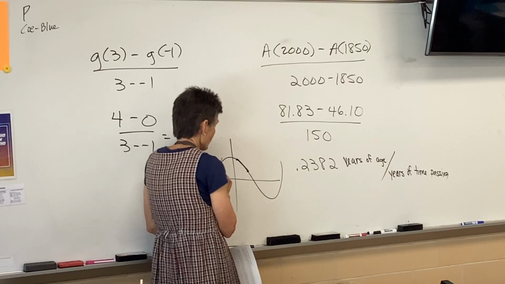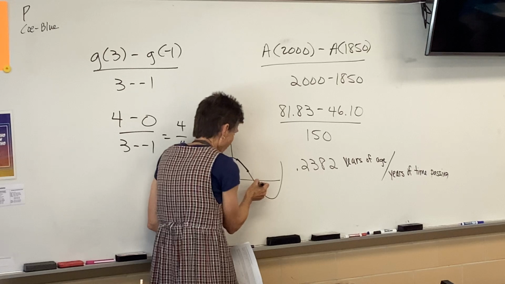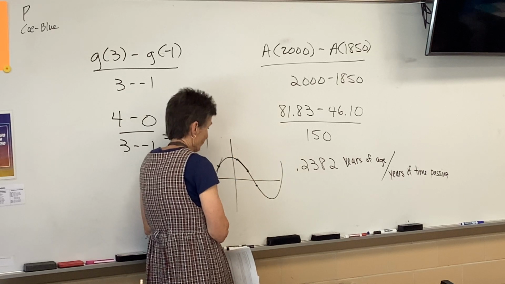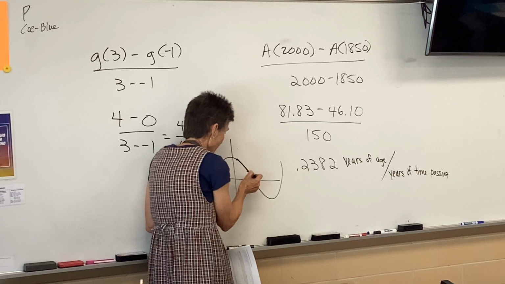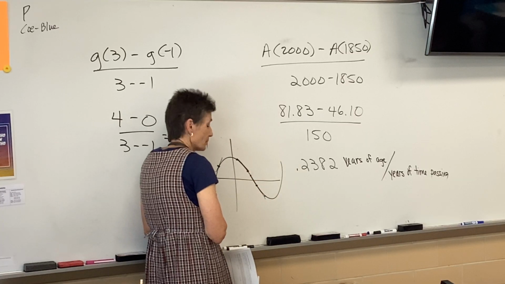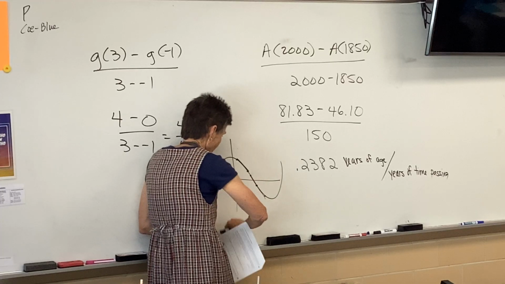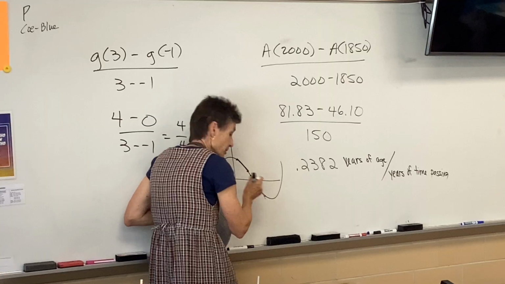Well, let's look at my picture. Let's say I wanted the slope at this point right here. Could I approximate that slope by finding this slope? What if I found this slope? Can I do that?